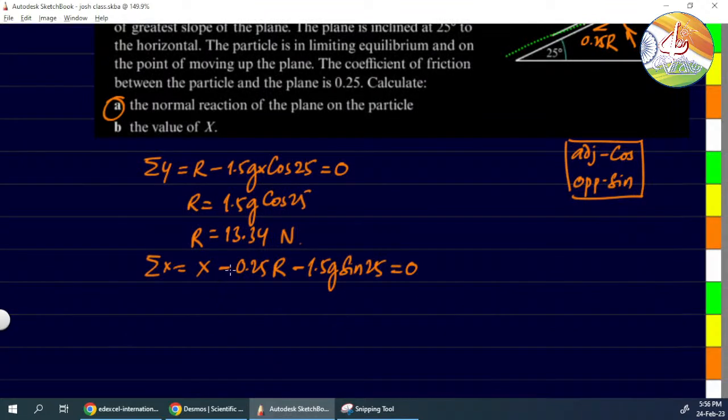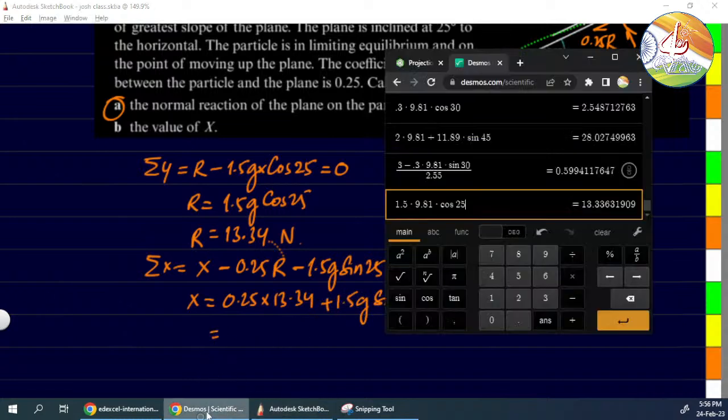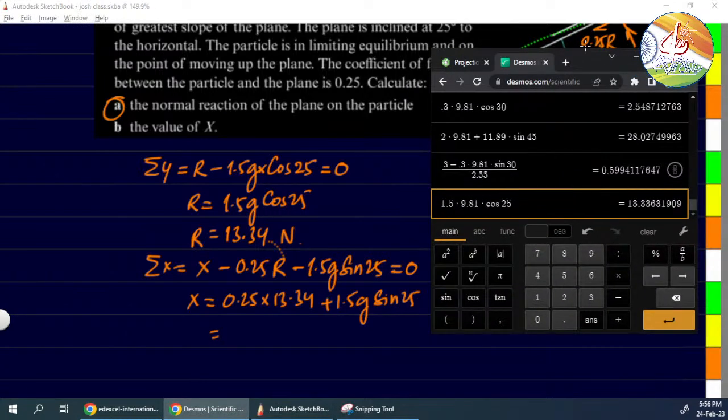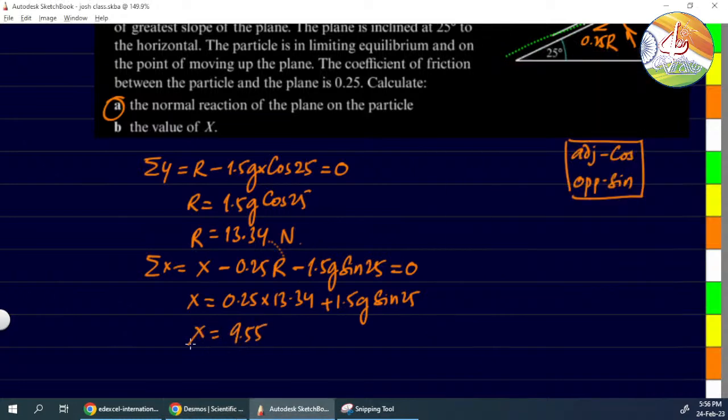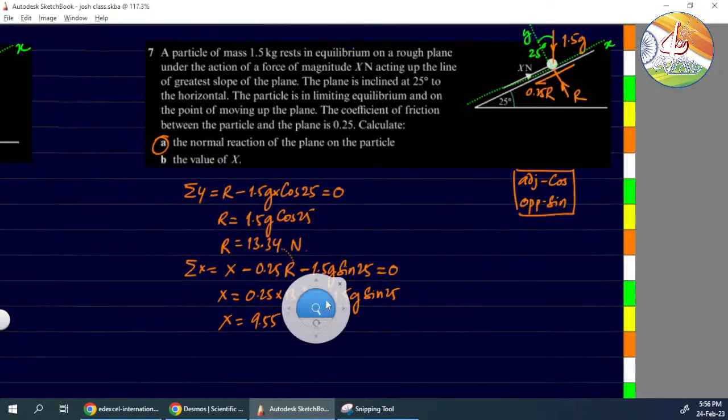Then the R value is known. We can substitute it here and find x. So x equals 0.25 times 13.34 plus 1.5 g sine 25, which is 0.25 into 13.34 plus 1.5 into 9.81 into sine 25, giving 9.55.